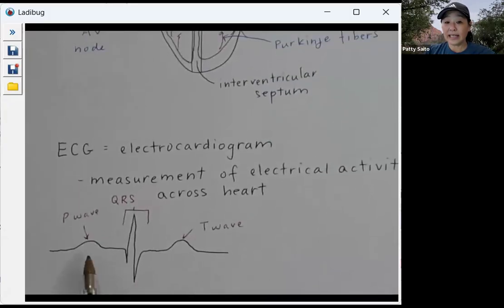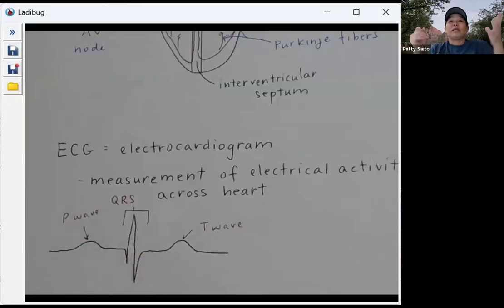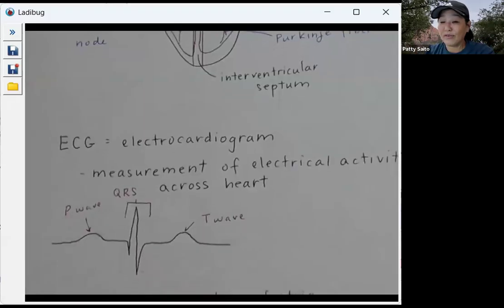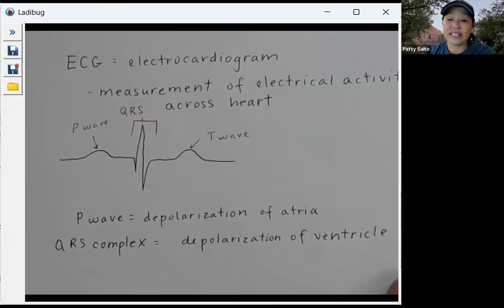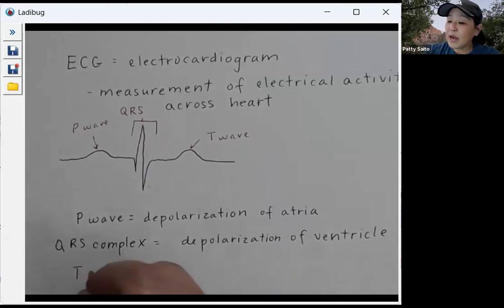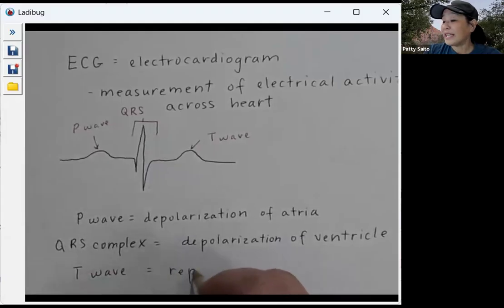And it happens after it. So this is time as you move across here. So atria depolarize first, then contract, then ventricles will depolarize and contract. And then it allows the blood to squeeze from the atria, then into the ventricles, and then the ventricles squeeze. So it's very efficient. The last thing is the T wave, which is a recovery, which is repolarization, right?